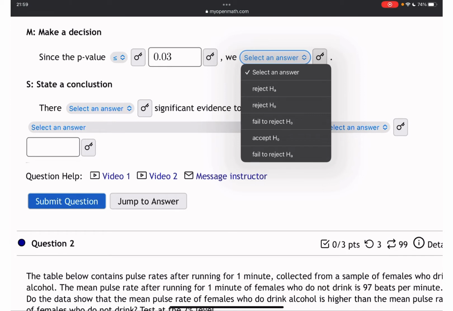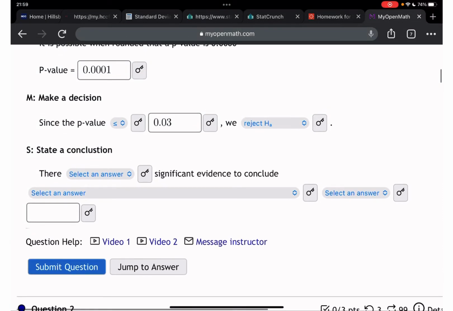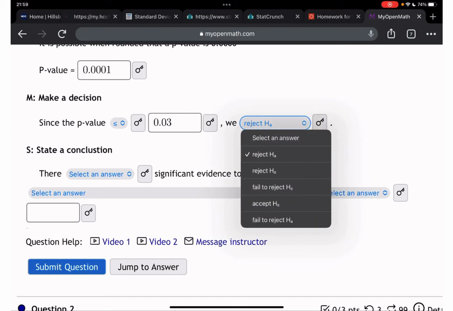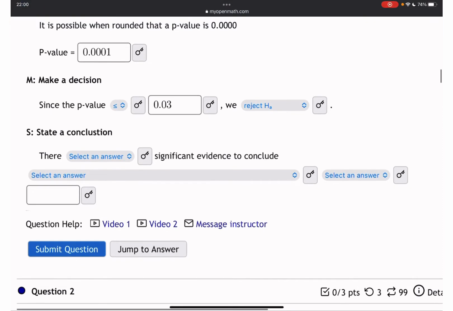Make a note. If the p-value is less than the testing percentage, then we reject the null hypothesis. If the p-value is greater than the testing percentage, then we fail to reject the null hypothesis. See? Fail to reject. We never say accept. We say reject or fail to reject. Fail to reject is the same as accept, right? Okay, we are good. Now we are going to do the conclusion.